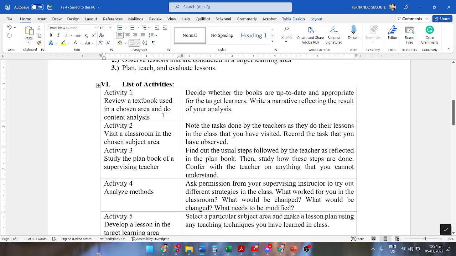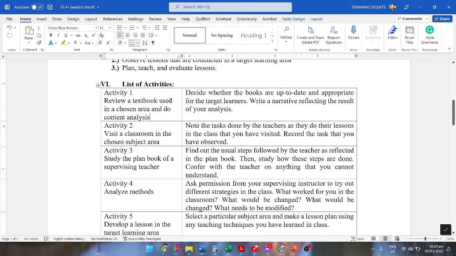So activity 1, we have to review a textbook used in a chosen area and do content analysis, no? So I will provide most likely a template for book review. So decide whether the books are up to date and appropriate for the target learners, and then we have to write a narrative reflecting the result of your analysis.